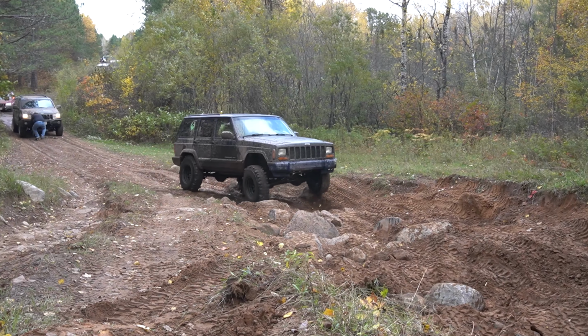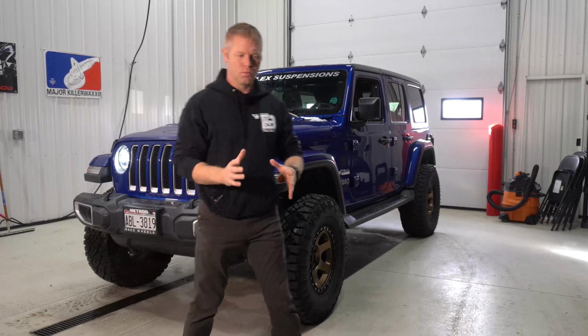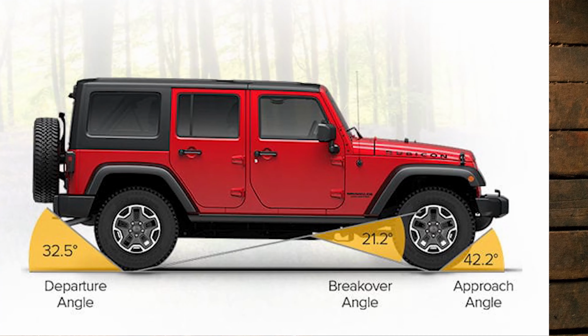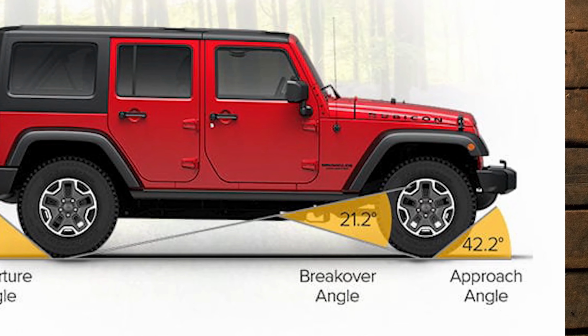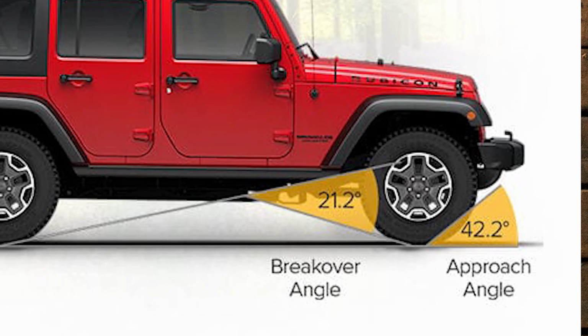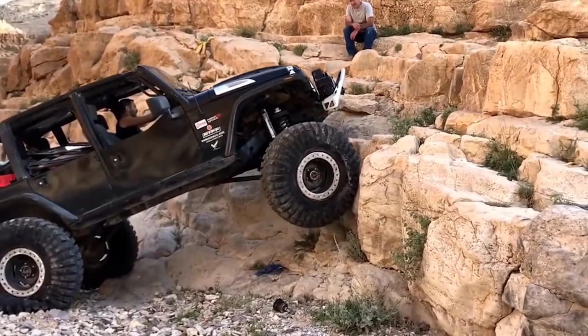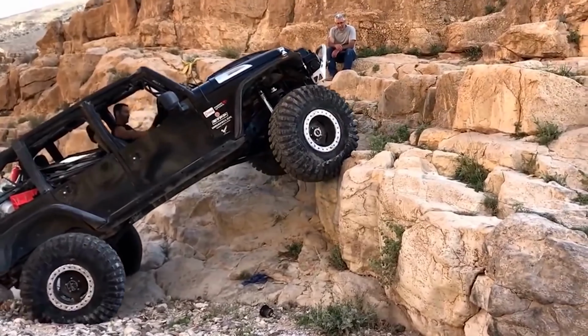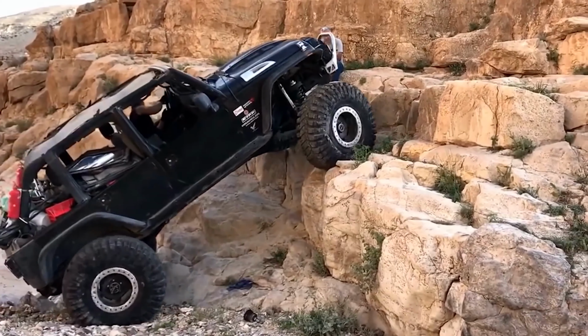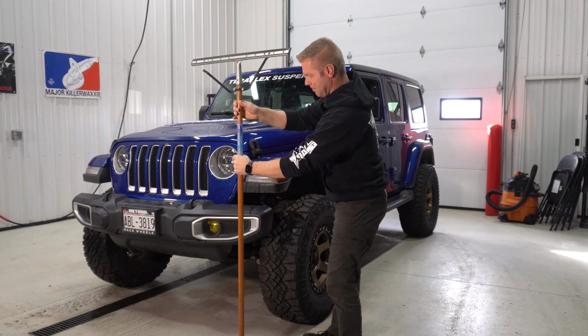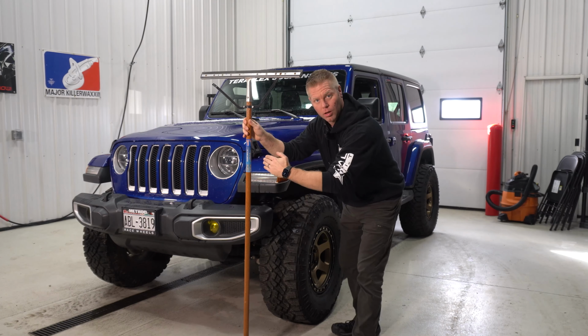Next on the list is approach angle. So what exactly does approach angle mean? It's how close can you get to an obstacle before your tires will contact that obstacle, meaning the closer that your tires can get to that obstacle, obviously the better. That would be your approach angle. Let's say you have a vertical wall, right?